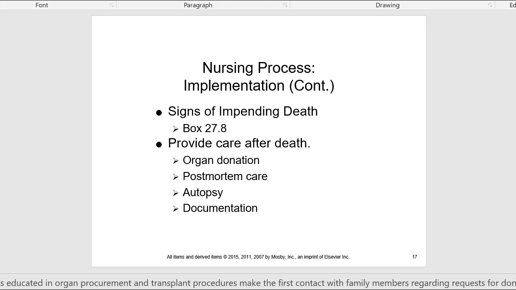And autopsies are not really that common because they're costly. But if there's any suspicion as to cause of death, then you would definitely need to call the police and let them make that decision. Of course, you document all of that process as you go.